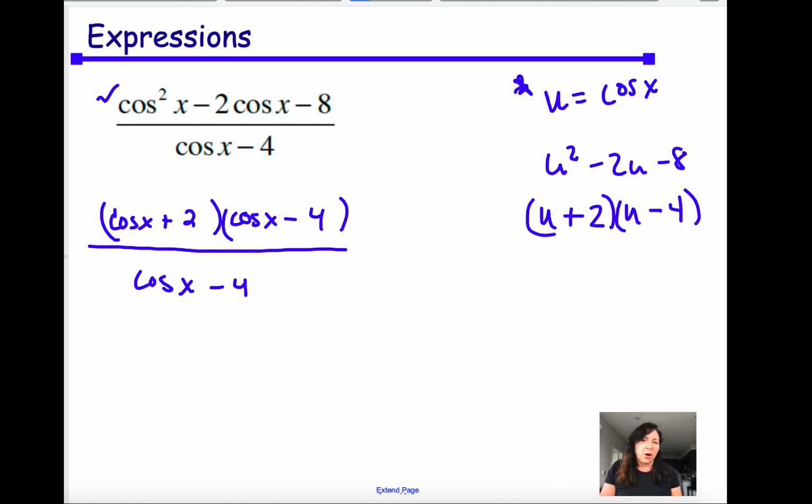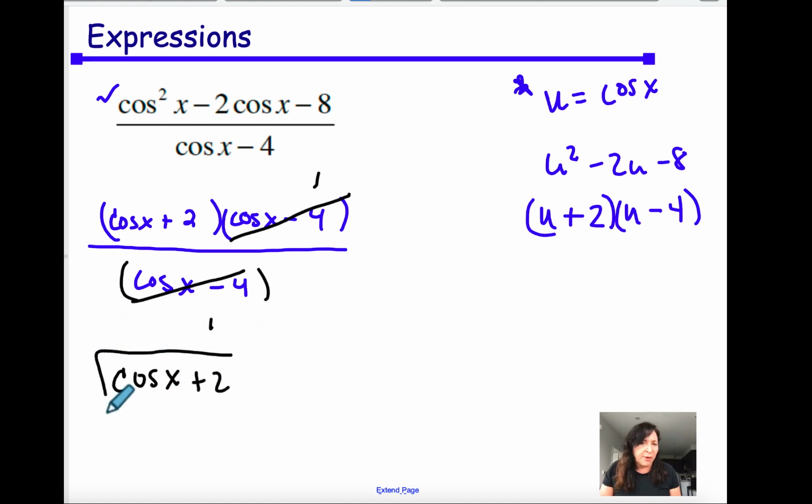And so, therefore, this quantity, and do not cancel individual values. You cannot do that. This is a quantity. You cannot break into that. But if the quantities are exactly the same, then I can cancel this quantity with that quantity, and they make 1. And then what I'm left with is cosine of x add 2. And then that's my final answer.